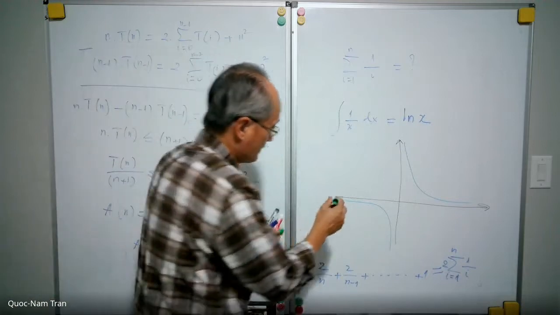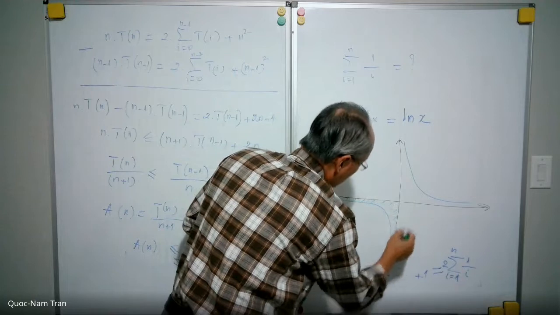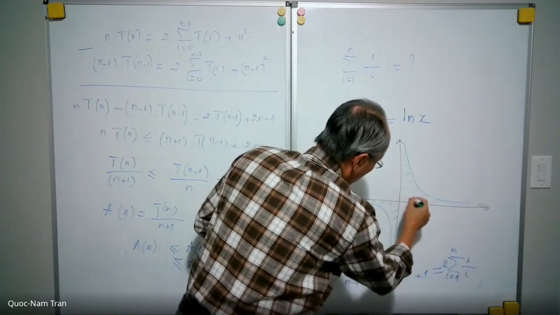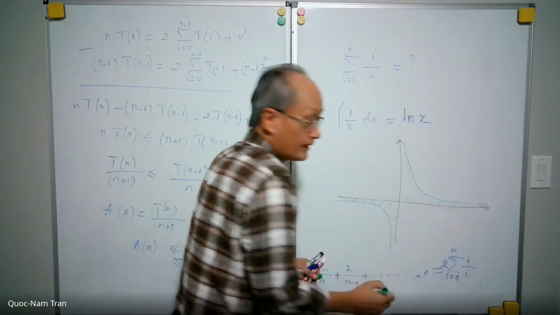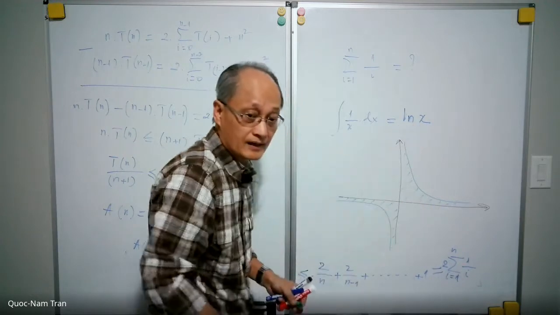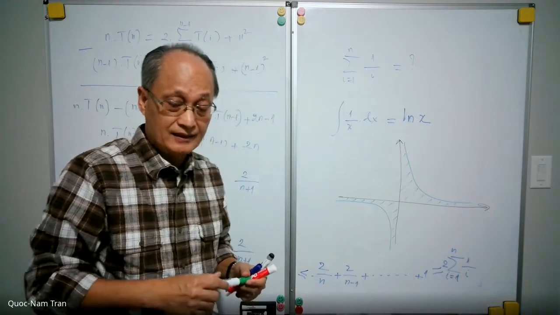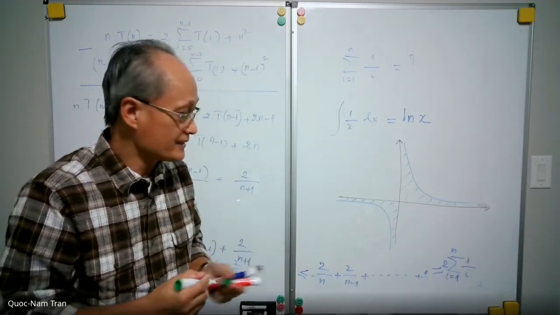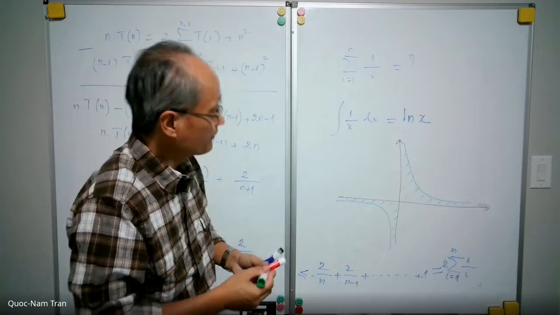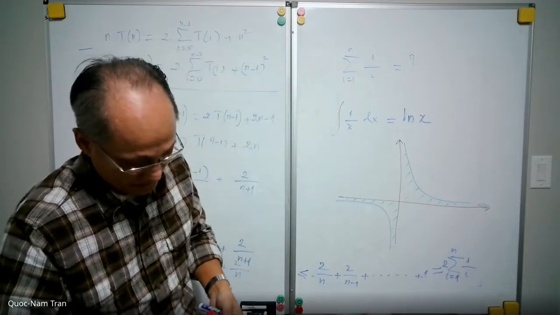So that's the area we have here. And the area is log of x, the natural logarithm of x. So what is the sum of 1 divided by i?